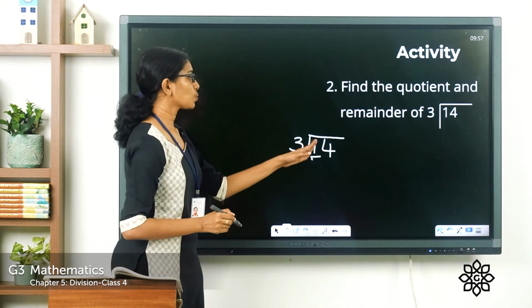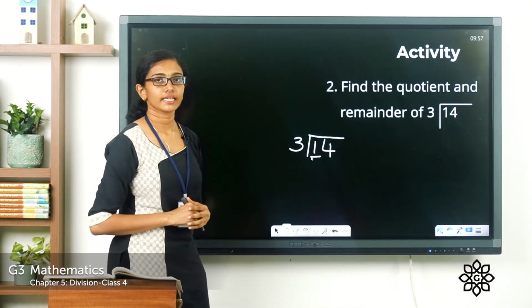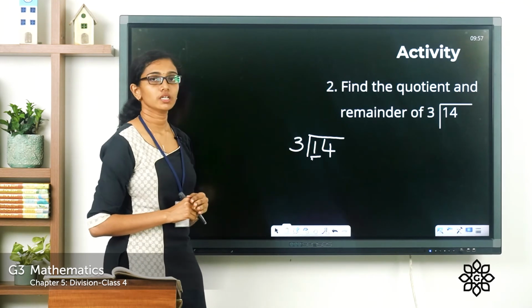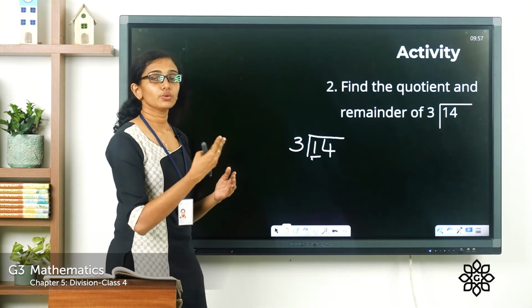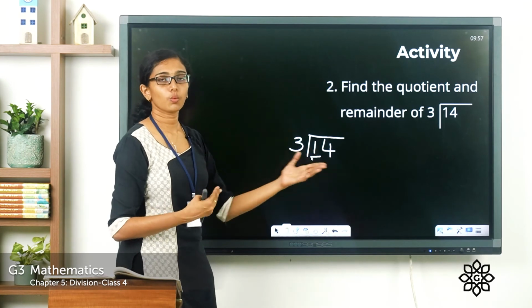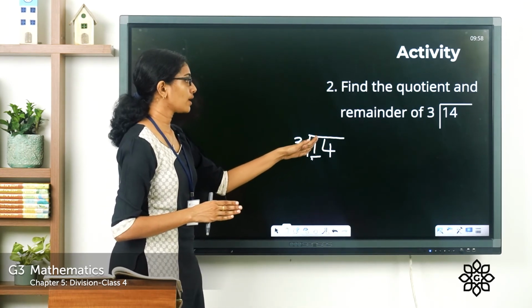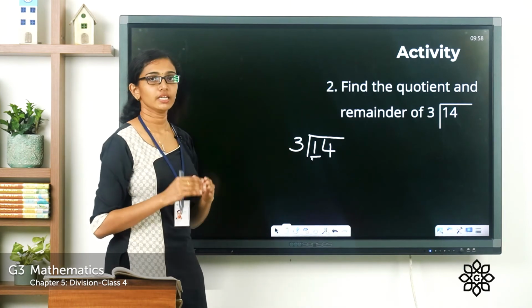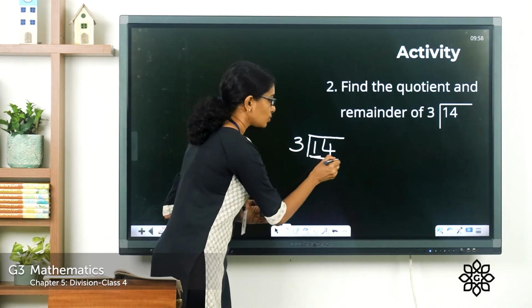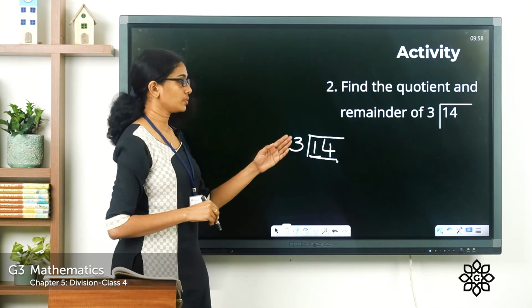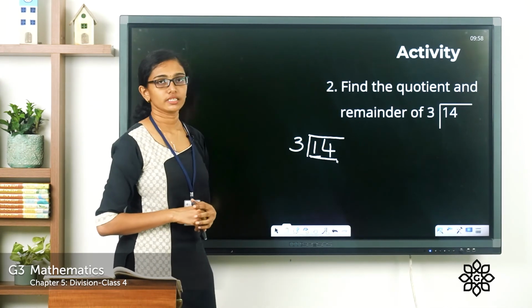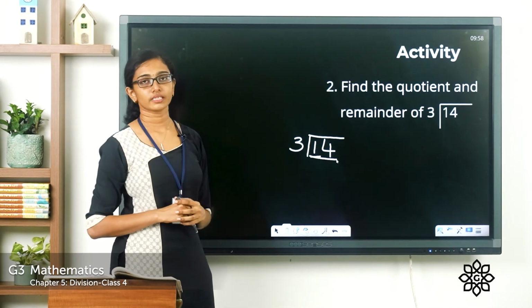But is 1 divisible by 3? Can we divide 1 by 3? Can we do 3 into something that will give 1? No. So in that case, since we cannot divide this 1 by 3, let's consider the 2 digits of the dividend. So we are considering both the digits, the tens digit and the ones digit of the dividend.